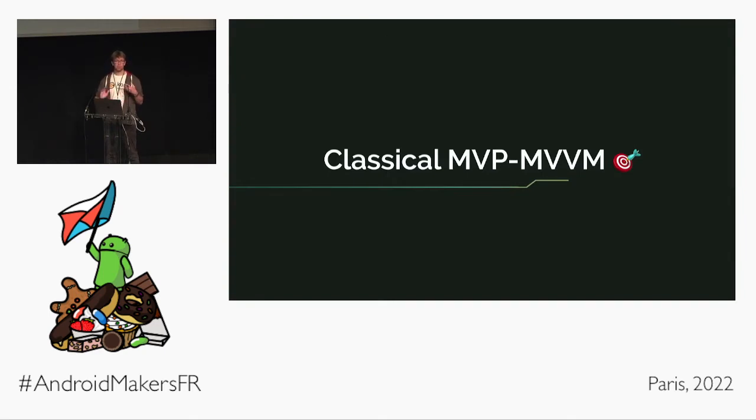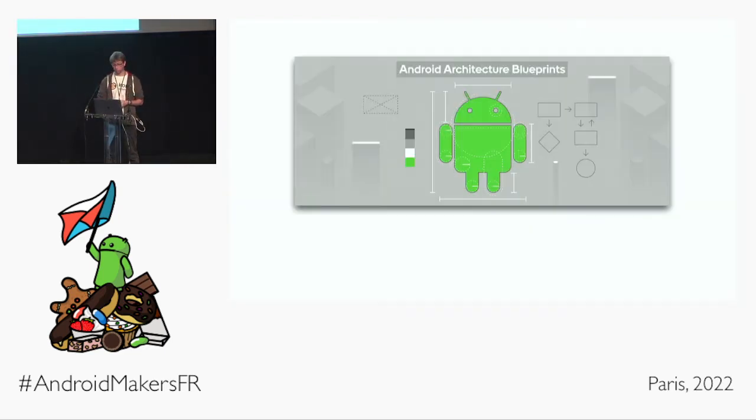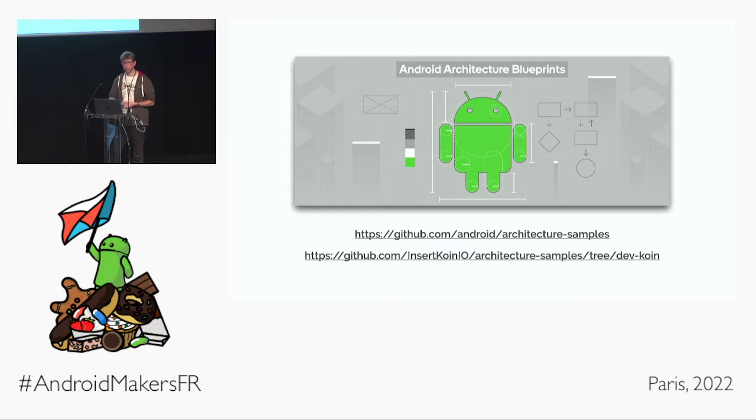Now that we have seen those basics of Koin, let's dive into the real stuff that I want to show you today, and we begin with the classical MVP, MVVM architecture. To show you this, I like to take a sample application, and perhaps the best known in the Android community is the Android Architecture Blueprints.